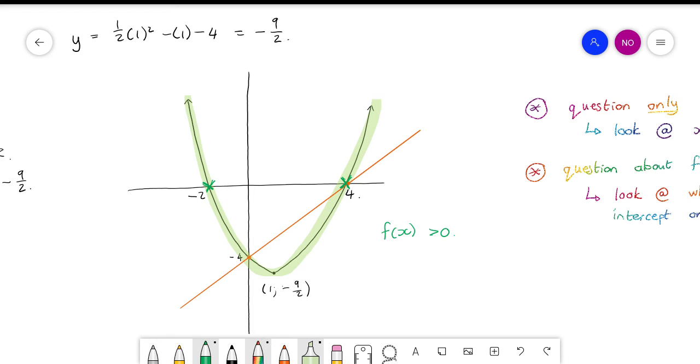Now remember I told you guys, this is standing in the place of a y value. Okay? Wys vir my met jou hande, wanneer op 'n grafiek is die y-waardes groter as 0? When it is above the x-axis. You're not looking left or right. You're looking up or down. Nee? As ons ons y-waardes verander, beweeg ons mos op en af. So if I'm looking for y values bigger than 0, I'm looking for this.